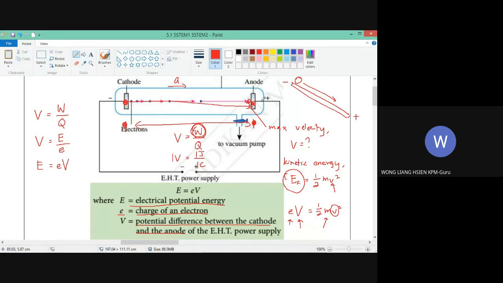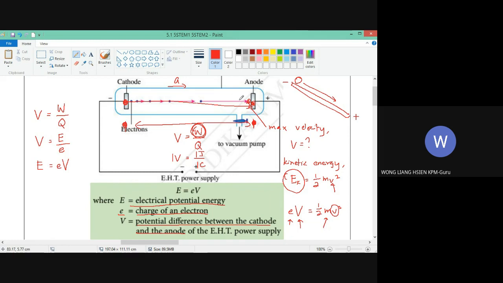No, the electron accelerates from the cathode until the anode. At first the electron has zero kinetic energy, so when it accelerates towards the anode, it gets faster and faster.